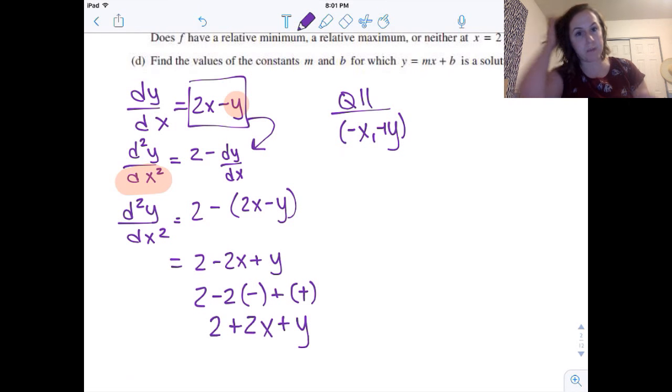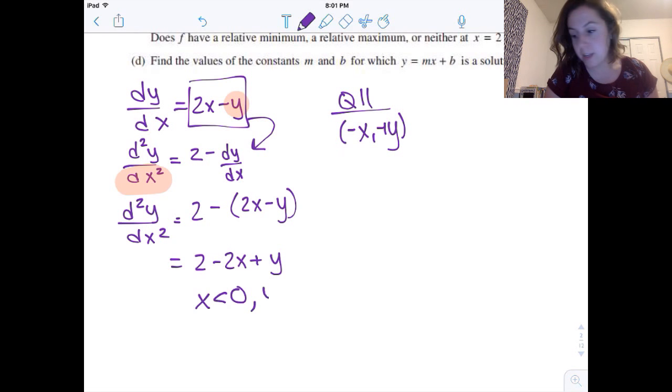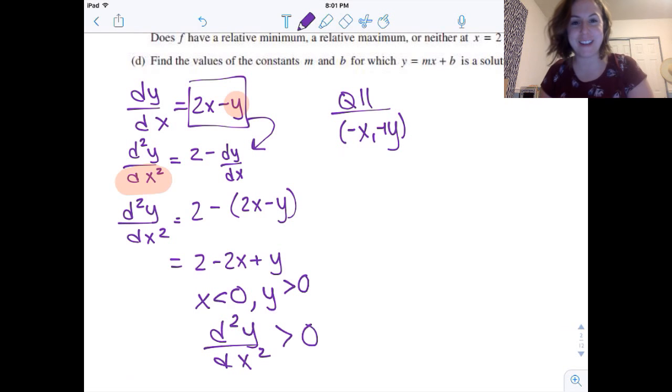So here's the thing. Since we know that x is less than 0 and y is greater than 0, d squared y over dx squared is always going to come out being positive. Thank you for saying it's quadrant 2. Okay, it's always going to come out being positive.